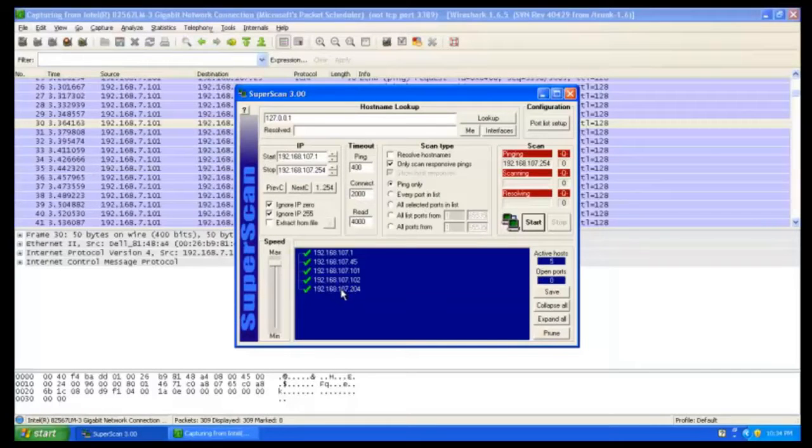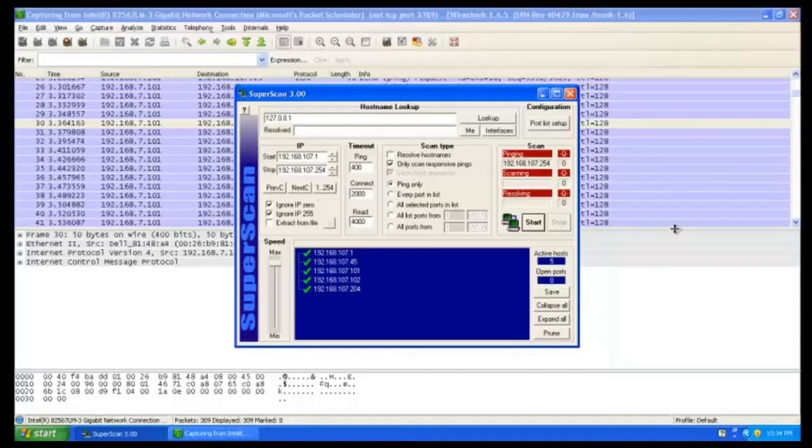Now, we didn't see that in our packet capture because we were sitting at 107.104, which makes sense because the echo request packet and the echo reply packet from 204 happened on a different switch port.